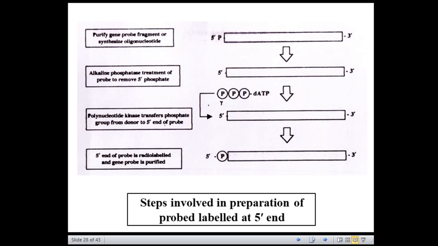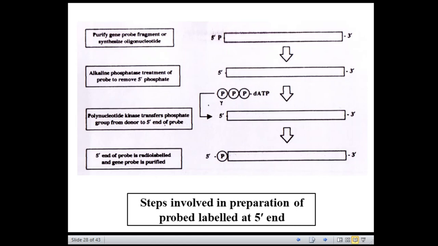The 5' end labeling, as you see in the figure, involves a phosphate transfer or exchange reaction wherein the 5' phosphate of the DNA, which is to be used as the probe, is removed, and in its place we place a labeled phosphate. Usually it is a P32 which is added to the reaction.